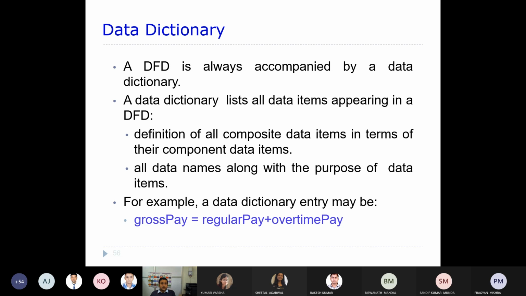Let's say you have gross pay. If it is payroll software you are going to develop, then one data item may be gross pay. Now this gross pay is a composite data item. There is a regular pay defined, along with overtime pay.